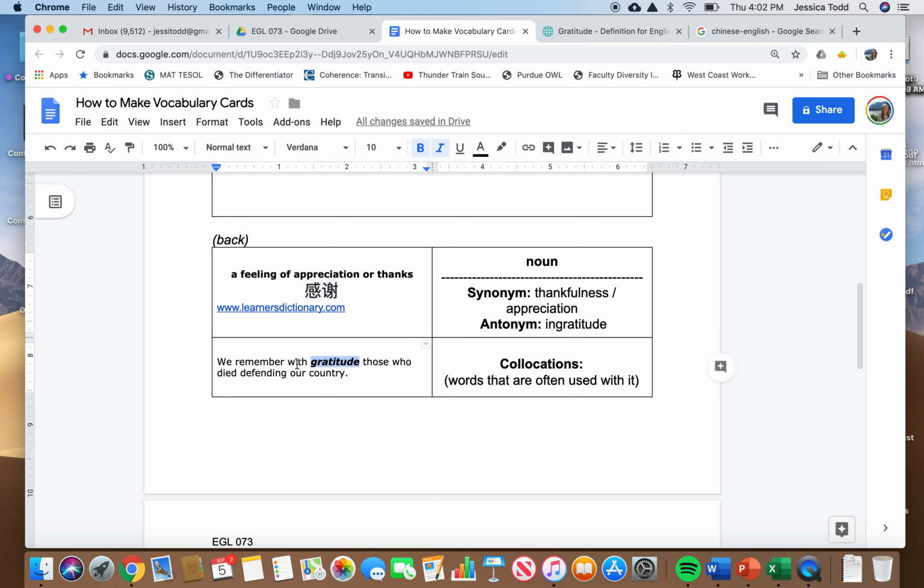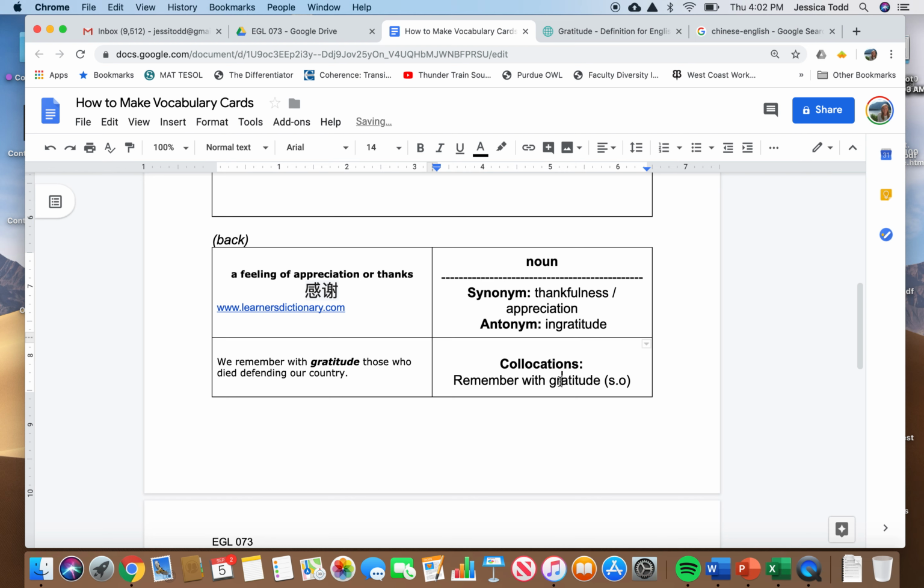If we look at the words that come before, remember with gratitude, right? So that could be used as a collocation. Remember with gratitude. And then I'm going to put those who died defending our country. That's people, right? So I'm going to put someone.